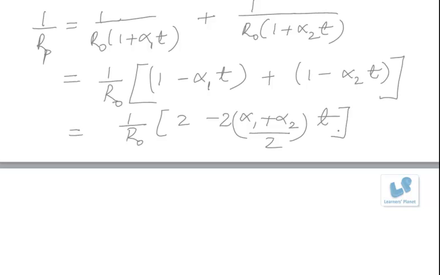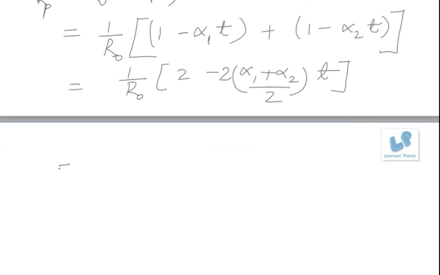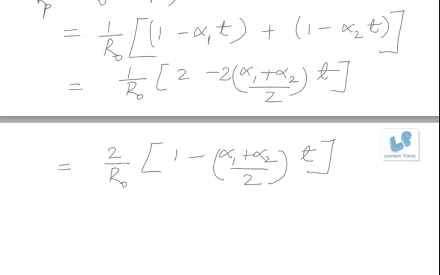Okay, now you can take 2 common. Now this will become 2 by R0 [1 minus (alpha 1 plus alpha 2) by 2 times T].